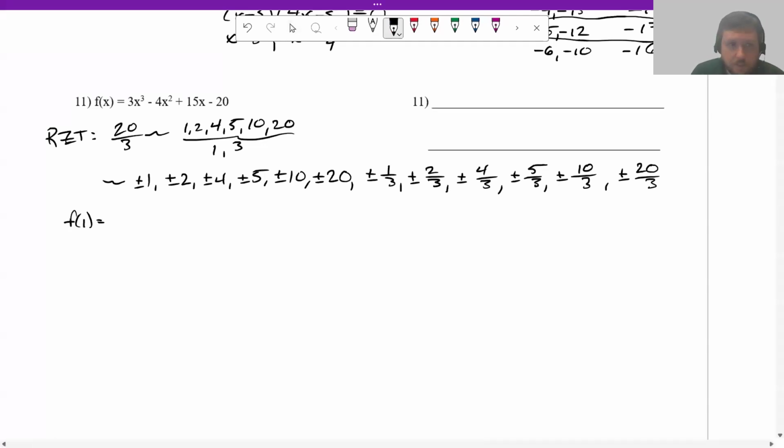That's fine. You get -6. f of -1. So I get -42. f of 2. So if you have a graphing calculator, the y equals menu on that is your friend for these. So I'm just plugging in numbers. If I get a hit, I'm going to just write that one down.